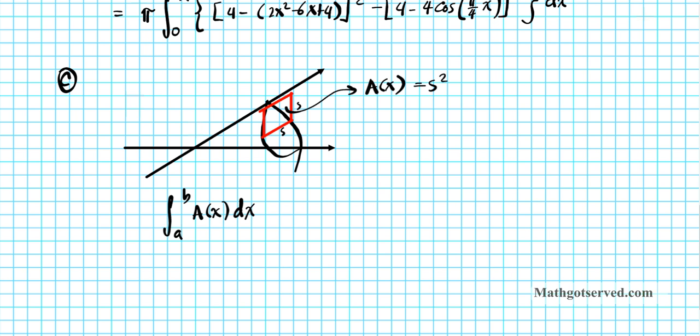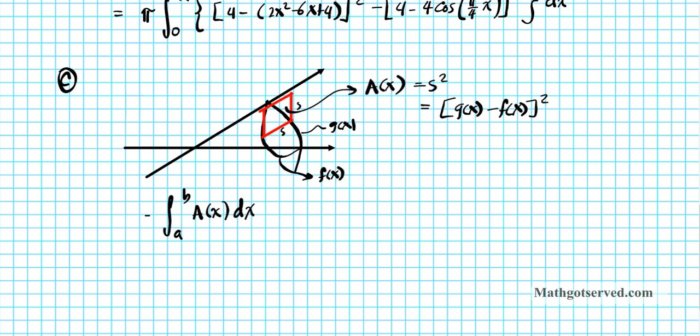It's s squared. What is s? s is the distance between two functions. The function on the top, remember, is g of x, and the function on the bottom is f of x. So our s is basically g of x minus f of x, because that's a side length. That's what the side length measures.